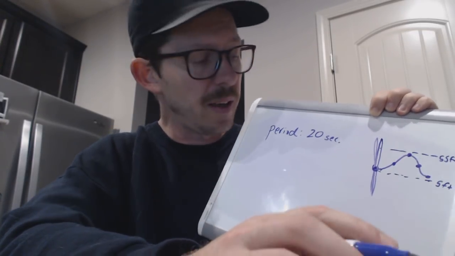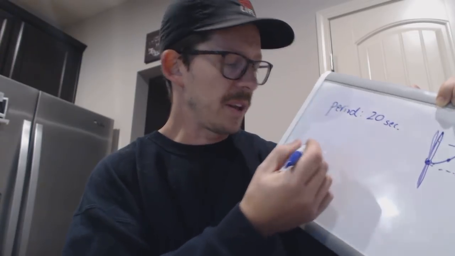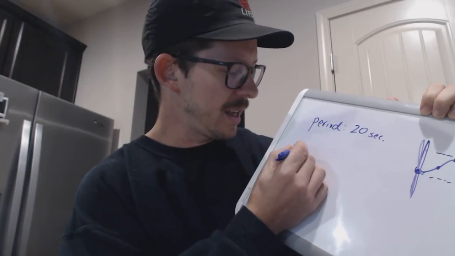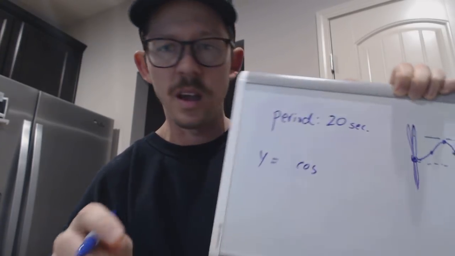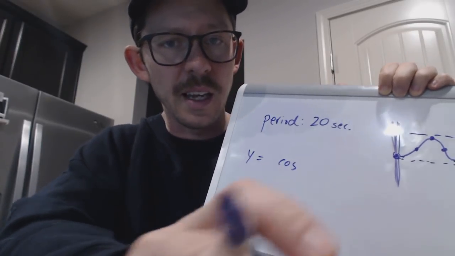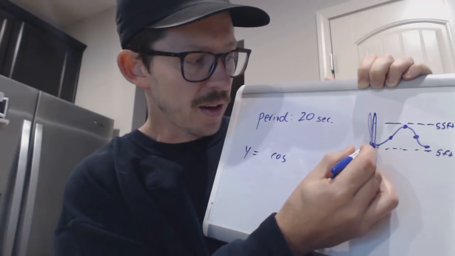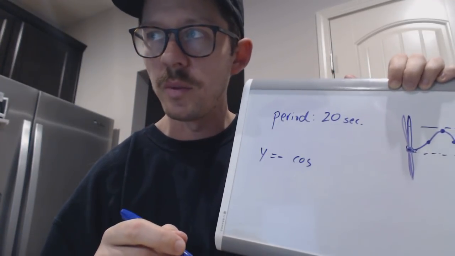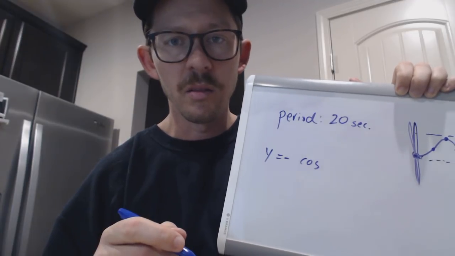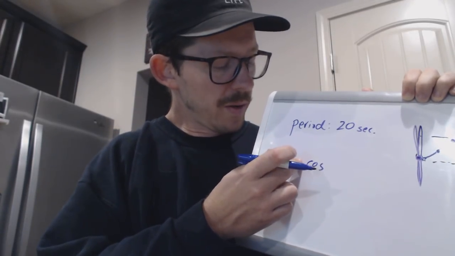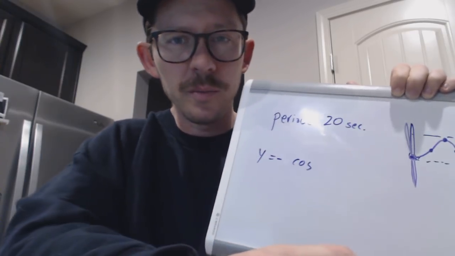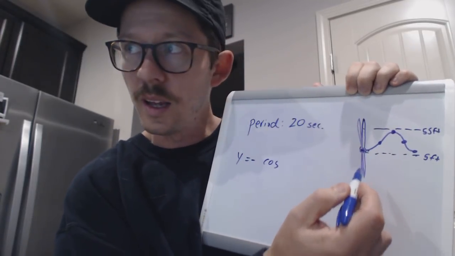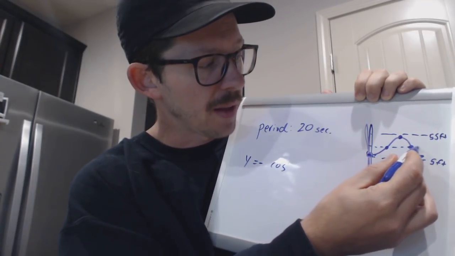So basically what I would do is say, okay, I'm going to use y's and x's for right now, just so I don't confuse you, but I'm going to say y equals cosine, okay? So I know it's a cosine function. And even more so, since it started at the bottom like this, I'm going to make it negative so it flipped, okay? Now, what goes here? Right here would be the amplitude. The amplitude is how far we are off the midline, right?